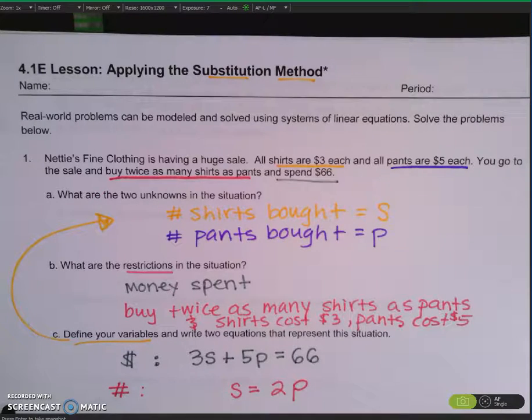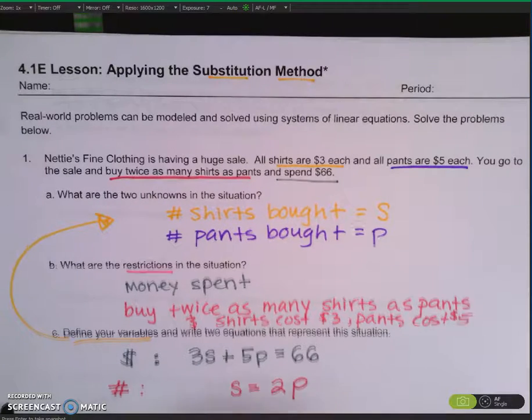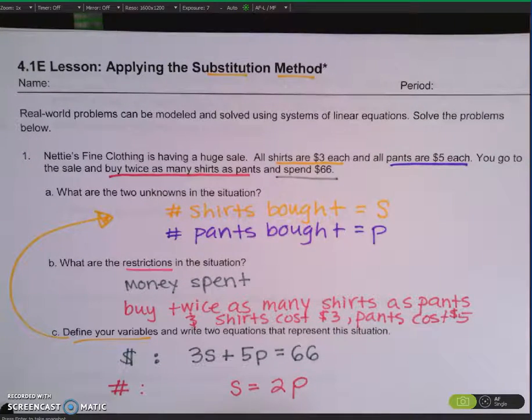Write in words what each equation represents in the context. My first equation, 3s plus 5p equals 66, represents I spent $66. And what's the second equation? S equals 2p.